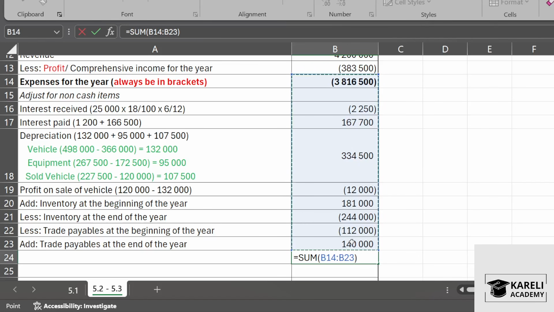Now on your calculator, you press minus 3,816,500 minus 2,250 plus 167,500 plus 334,500 minus 12,000 plus 181,000 minus 244,000 minus 112,000 plus 140,000, and it should give you 3,363,550. That is in brackets.